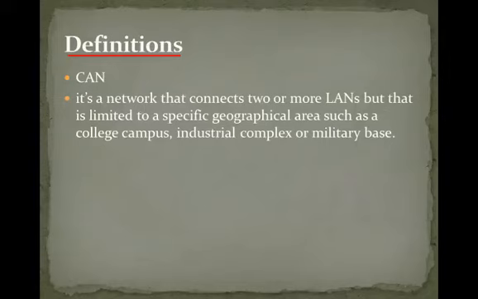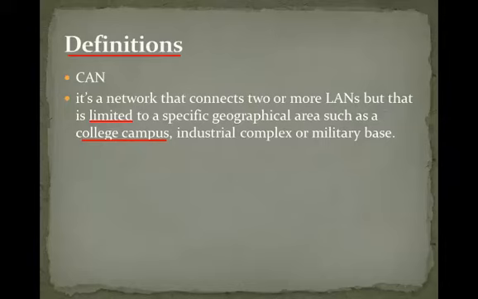In description, it is a network that connects two or more LANs, or local area networks, two or more local area networks, but that is limited to a specific geographical area. It is limited to a specific geographical area, such as a college campus.